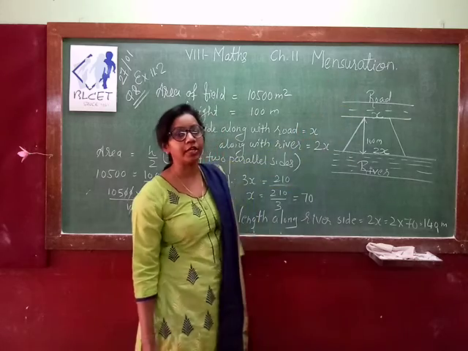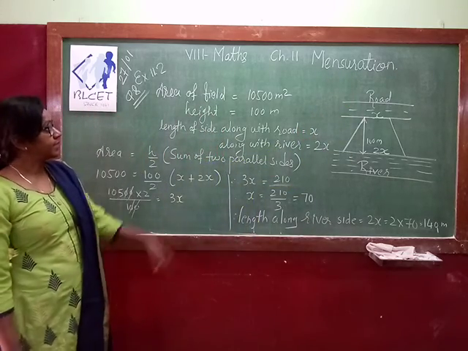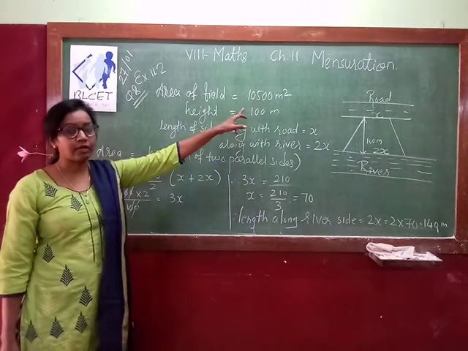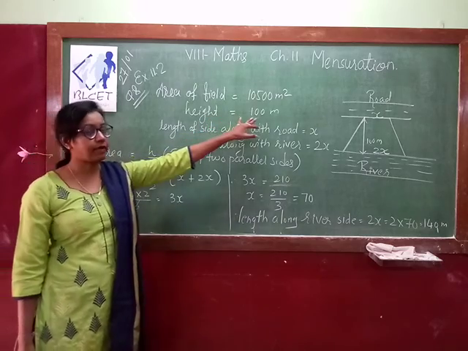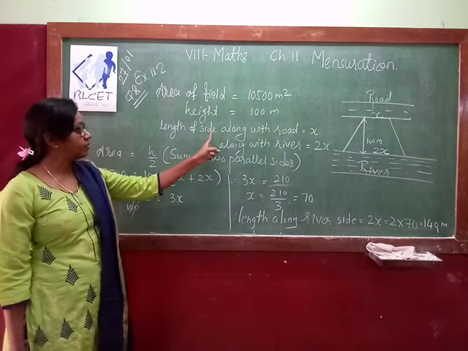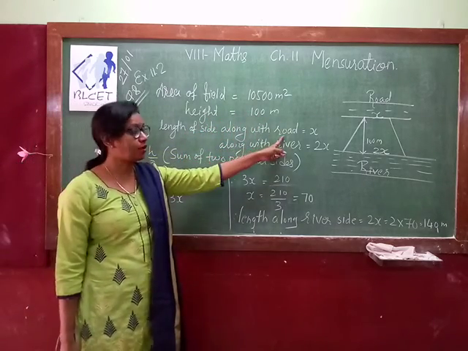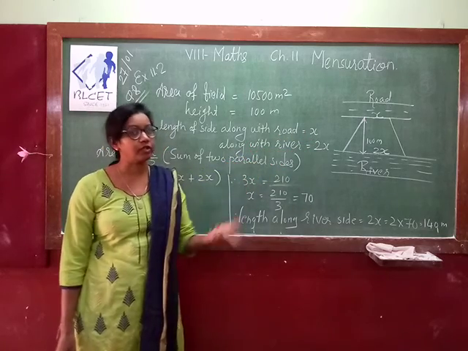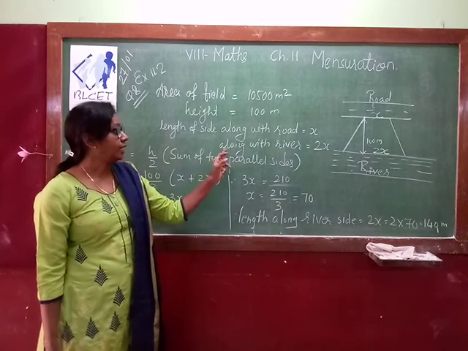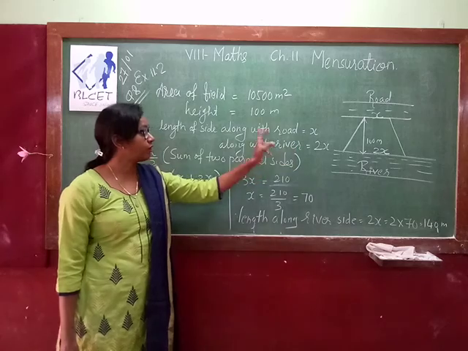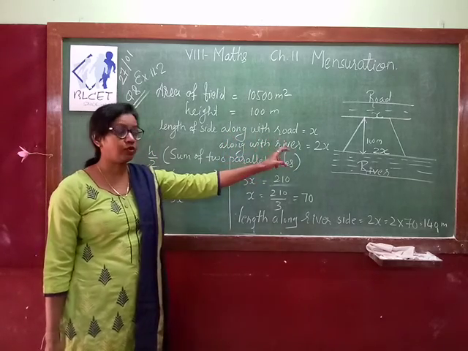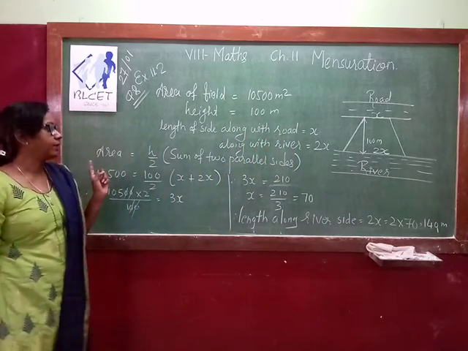That is mentioned in your question. So the area of the field is given as 10,500, the height is 100 meter, the length of the side along the road is x because we don't know the measurement, and along the river it is 2x. Now we apply the formula.